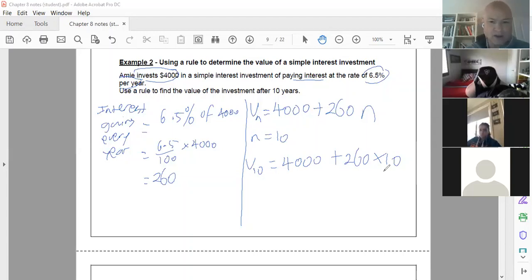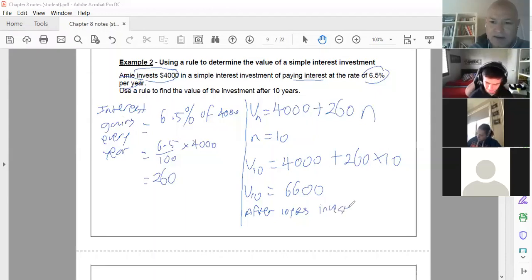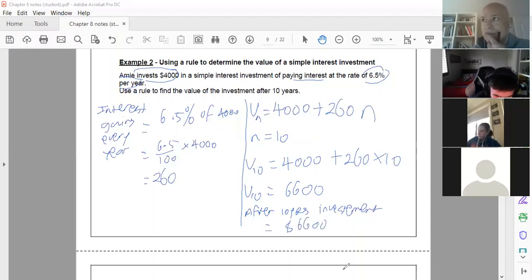We're going to get V of 10 equals $6,600. So after 10 years, the investment equals $6,600. Any questions on that one?